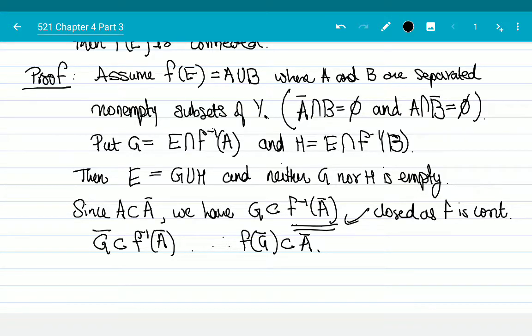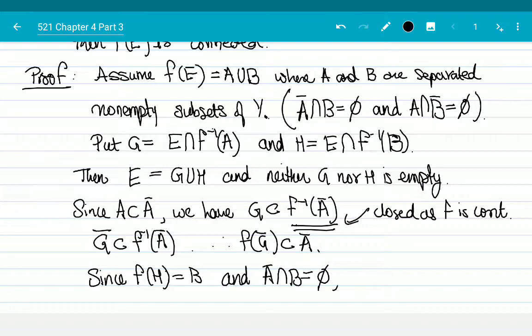Since f of H is equal to B, and A bar intersection B is empty, therefore G bar intersection H is empty.